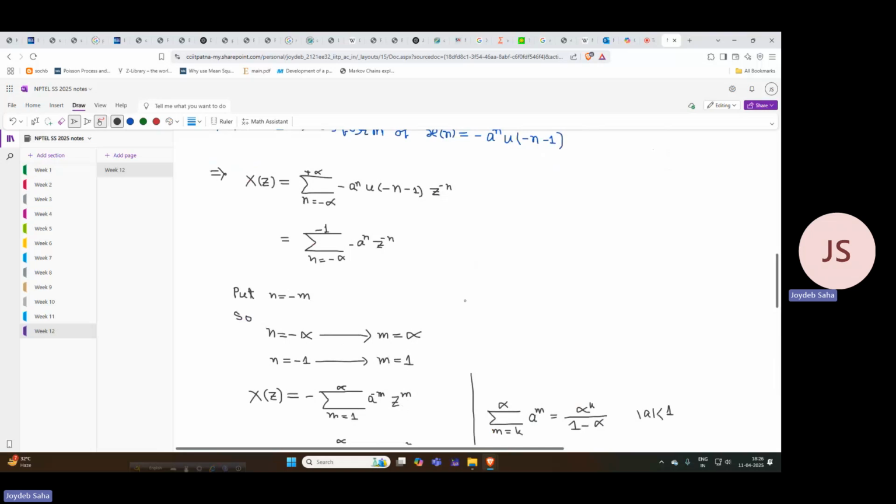This is a very interesting problem. Have a look at this. Take 2 or 3 minutes and try to understand what we have done.